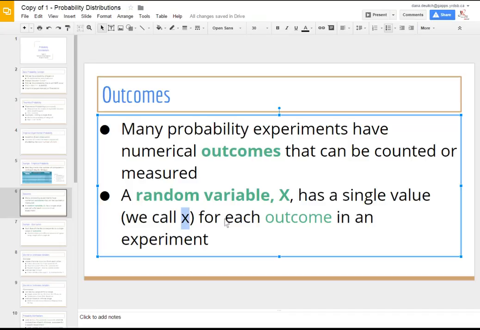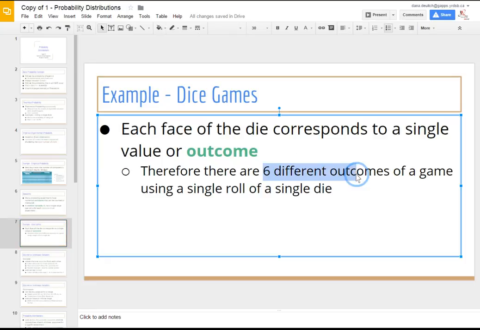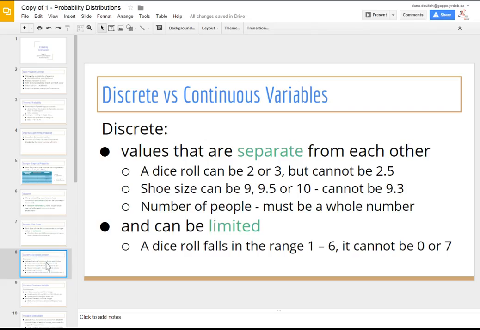And we do that for every outcome in the experiment. So for example, a dice game. Each face of the die corresponds to a single value or single outcome. Therefore, there are 6 different outcomes of a game using a single roll of a single die.